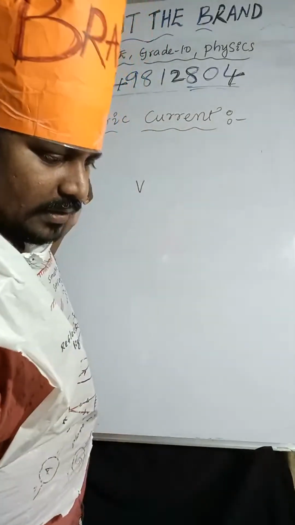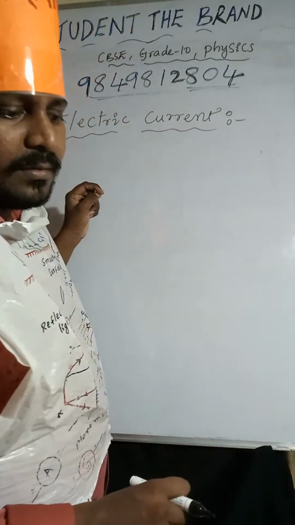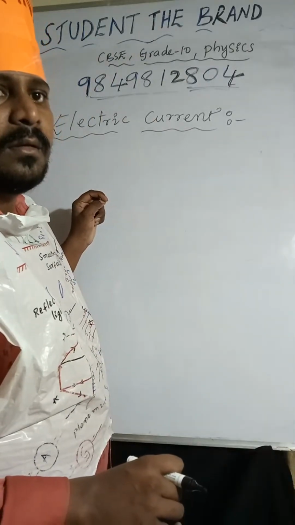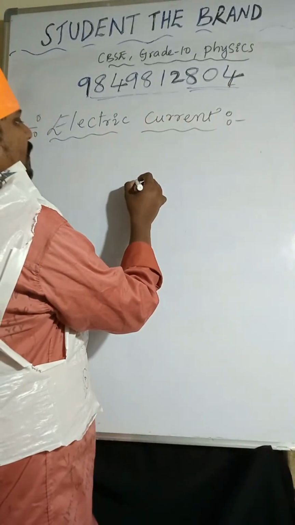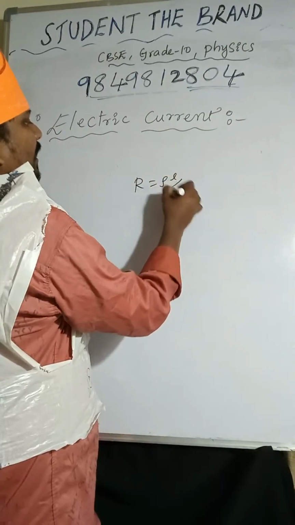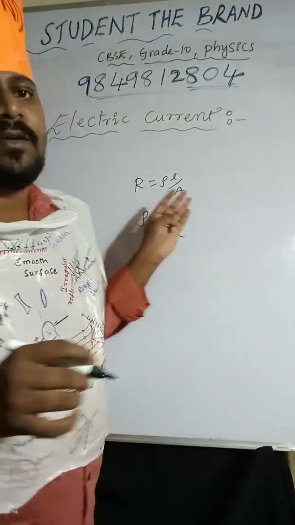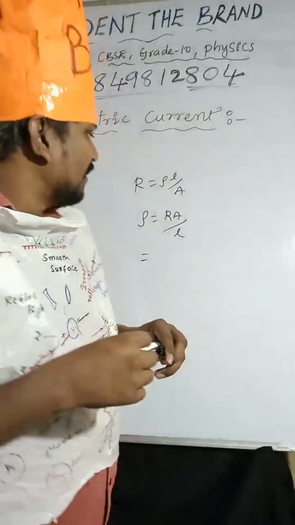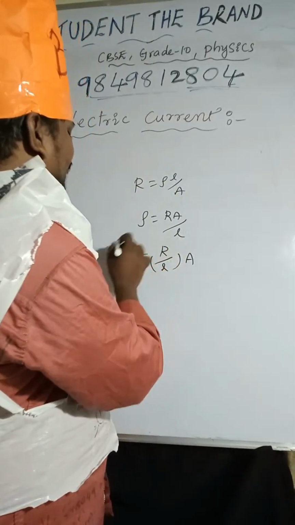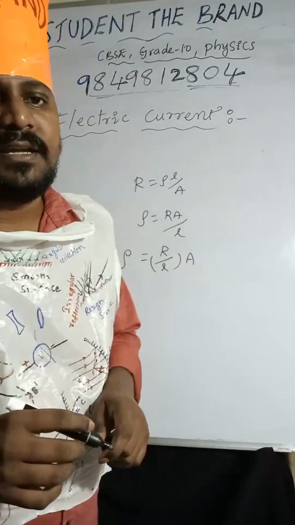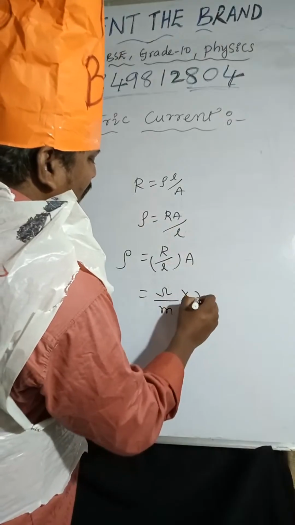So we can consider R equal to rho into L by A, rho equal to RA by L. So resistivity is equal to resistance of the material per unit length and unit cross section area, R by L into A. So SI unit of resistivity is ohm meter square by meter.